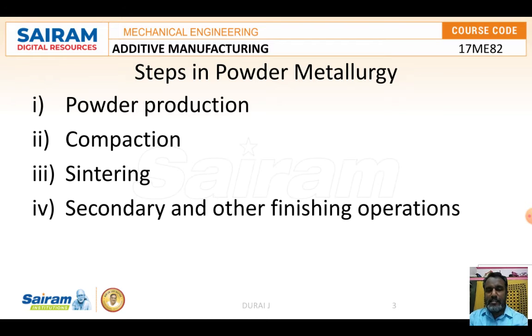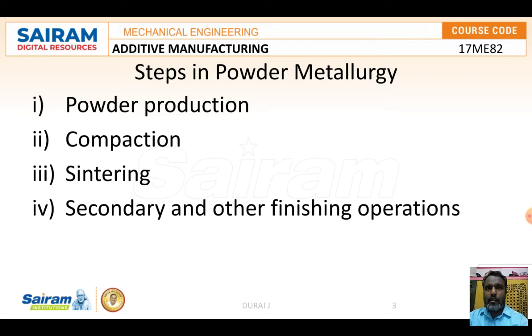The next thing we are going to discuss is the steps in powder metallurgy. There are four steps: powder production, compaction, sintering, and secondary or finishing operations. First, we are going to discuss powder production.